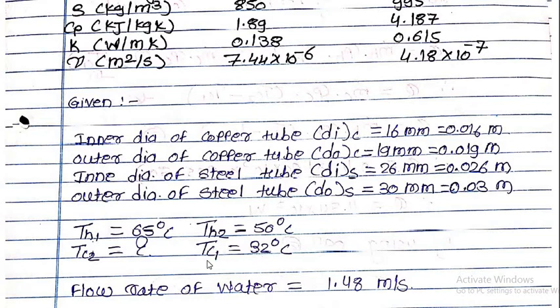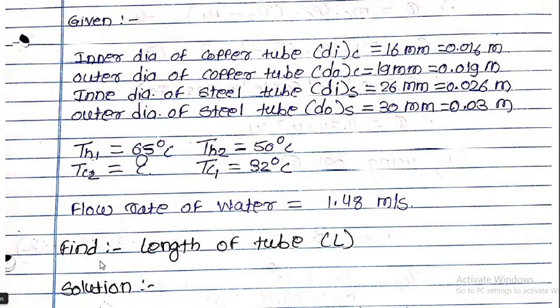So water should be considered as the cold fluid. So cold fluid inlet temperature TC1 is equal to 32 degrees Celsius. Now TC2 is not provided. So we need to find out TC2 to solve the problem. That is nothing but the outlet temperature of the cold fluid we have to find out.